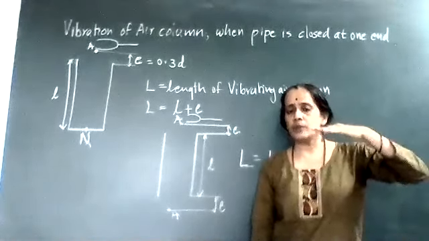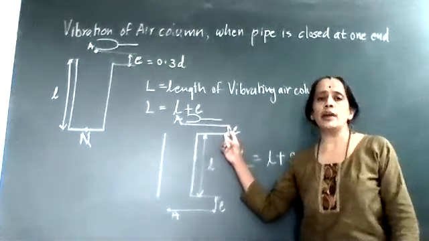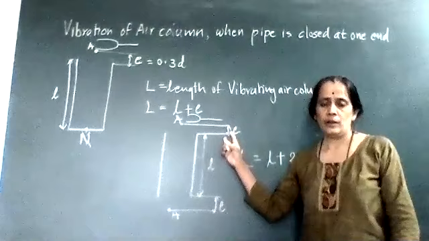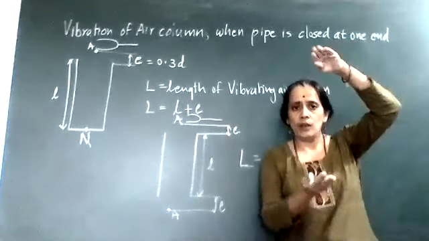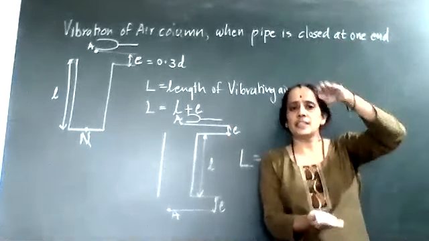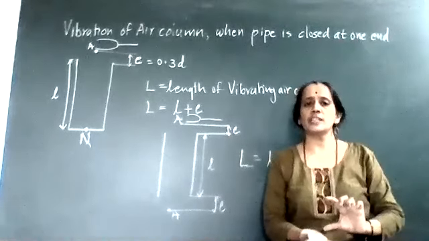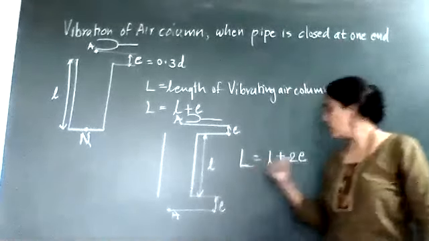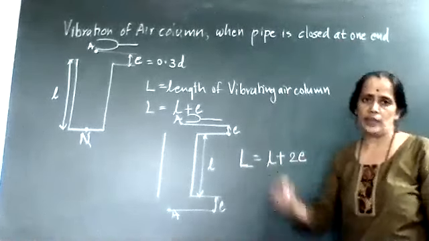The distance between the open end and the position of antinode is nothing but your end correction. As there are 2 antinodes, one above and another below, the upper corresponding distance is end correction and the lower corresponding distance is end correction. Therefore, 2 end corrections will get added to find the length of the air column.